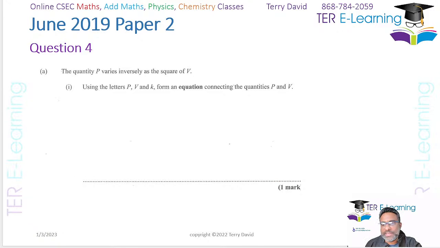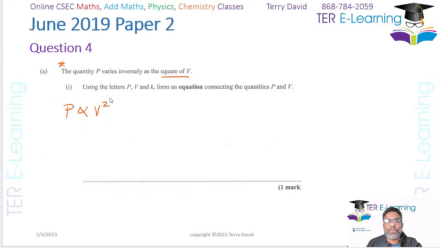Right, so that's the third question. Question 4 now. They said P varies inversely as the square of V, right? So this is a variation question. So we're talking about a proportional sign. So P varies as the square of V. So that means P is proportional to V squared.